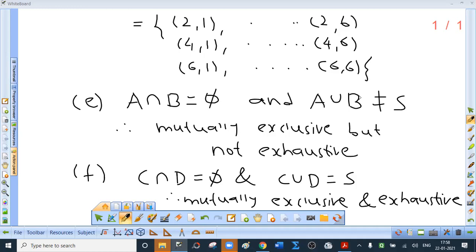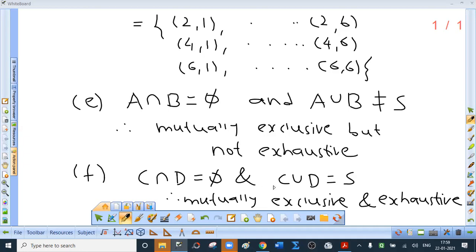F, check whether events C and D are mutually exclusive and exhaustive. What is event C? Event of odd number on the first die. And what is the complement of this? Even number on the first die, which is event D. Are you getting my point? C and D are complements of each other. And what is the speciality then? Their intersection is null set and their union is sample space.